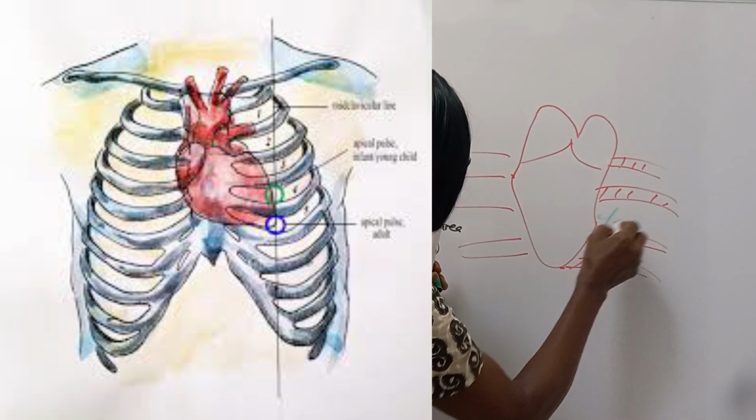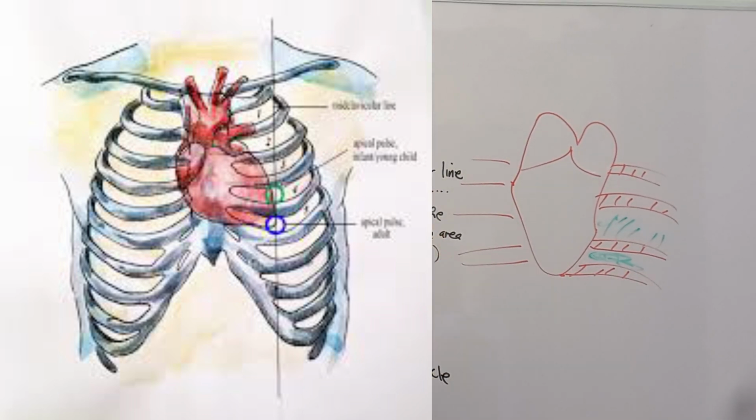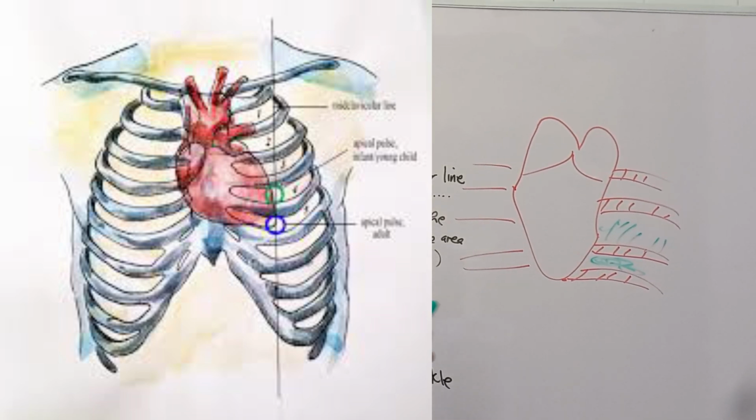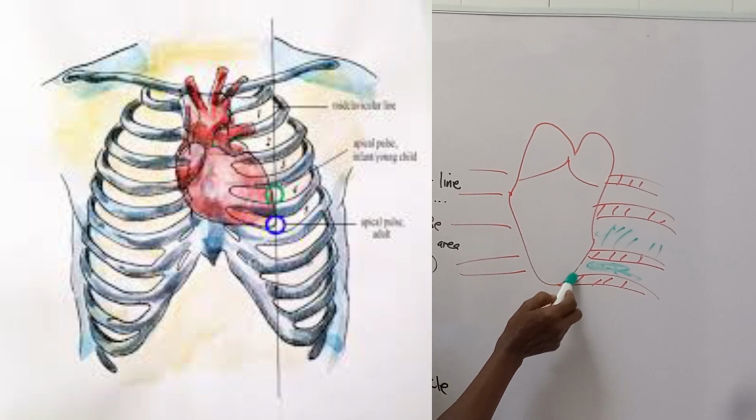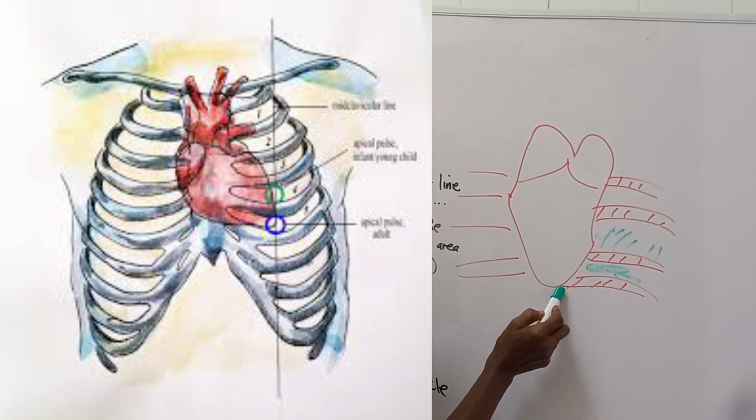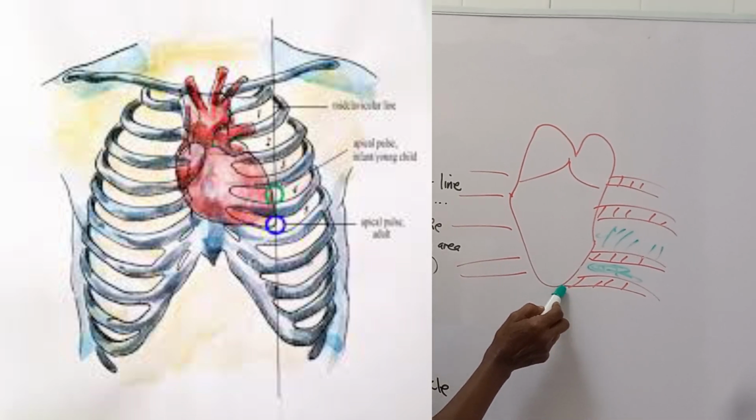These apical pulses are felt in between the ribs near where the apex of the heart is. The apex of the heart is here.